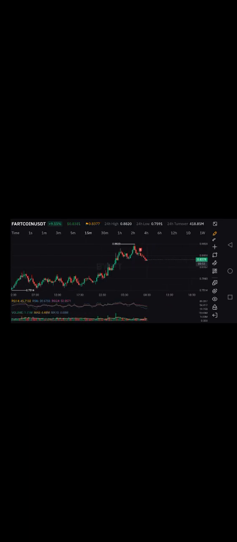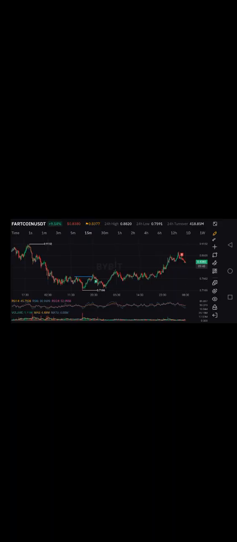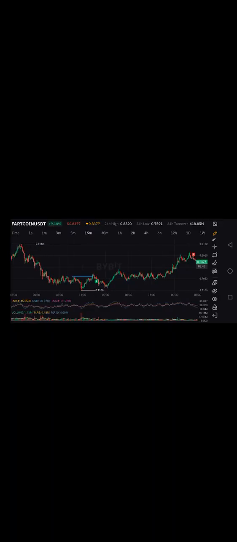Now, the moment I saw price has retraced up to this point right here, close to the key zone, I just went to the lower time frame to look for a buy opportunity. In this case, I was looking for a change of character because price was coming down.